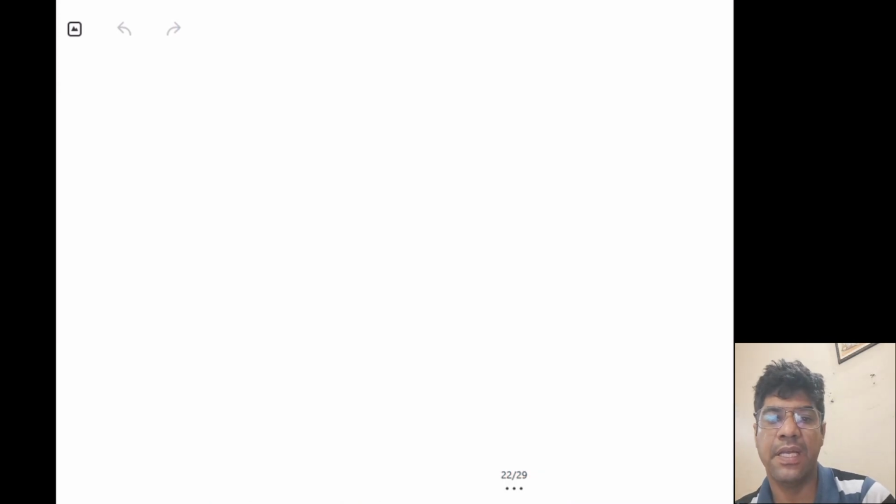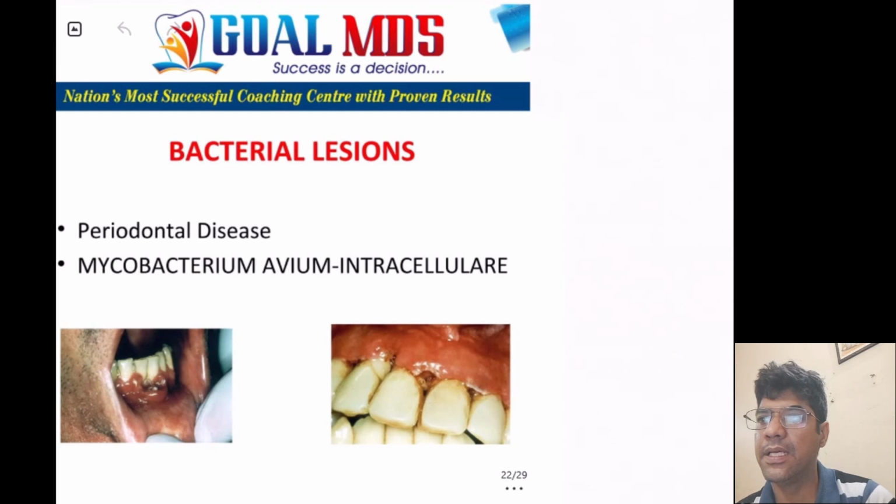HIV infections can lead to various bacterial oral manifestations. An example is periodontal disease. Individuals with HIV might experience more severe forms of periodontal disease, including gingivitis and periodontitis, affecting the supporting structure of the teeth, that can result in red, swollen and bleeding gums. NUG and NUP are painful ulcers that can cause bad breath and tissue necrosis.